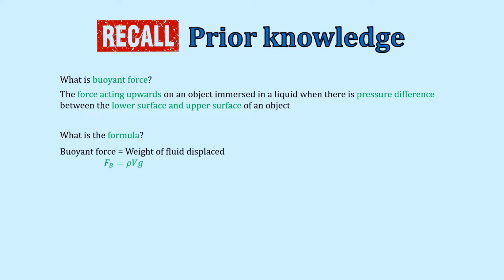The formula we will use is buoyant force is equal to the weight of fluid displaced, or buoyant force is equal to rho Vg. Do you still remember what rho Vg stands for? Rho stands for density of liquid, V stands for volume of an object, while g stands for gravitational acceleration.